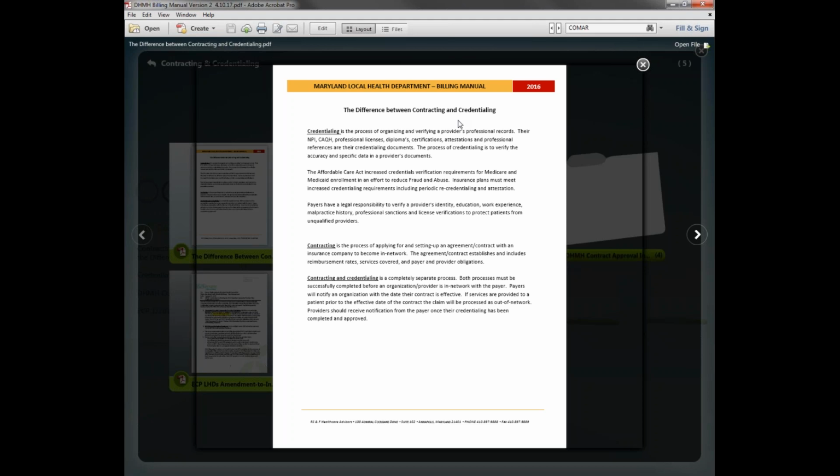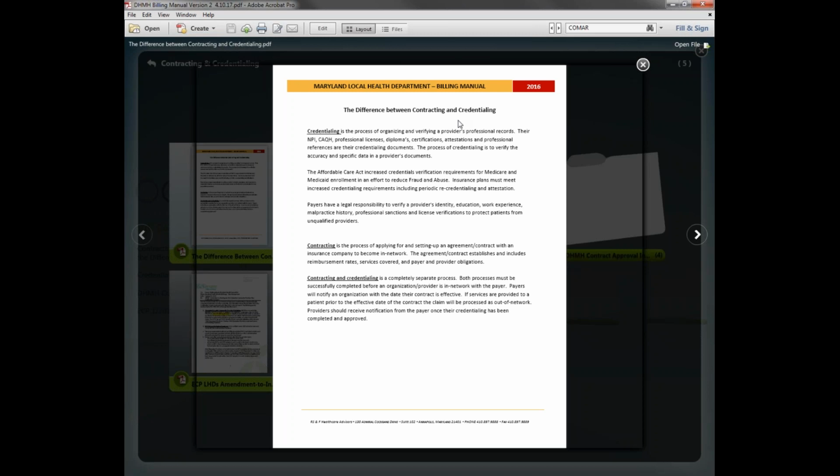This is where the provider is credentialed on the contract that already exists. Their MPI, CAQH, professional licenses, diplomas, certifications, attestations, and professional references are documents that are used during the credentialing process. The process of credentialing is to verify the accuracy and specific data in a provider's documents.